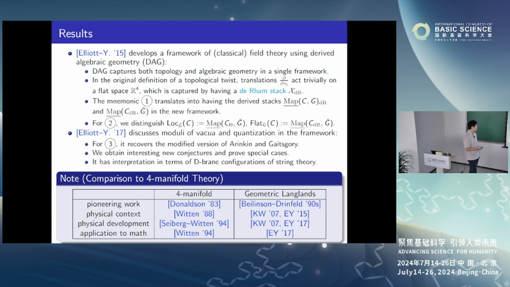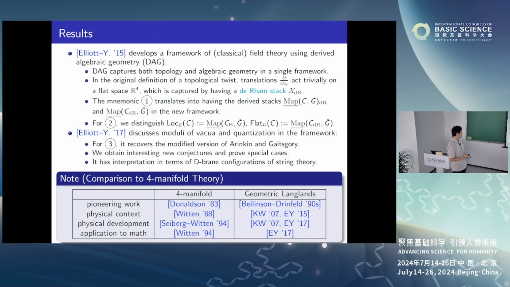But then, to get to a mathematical application, to the extent that mathematicians can appreciate, you need to develop the physics further, right? And that important work was done by Witten. Then using such an idea, Witten was able to write down the Seiberg-Witten equation, and that just changed the field ever since.